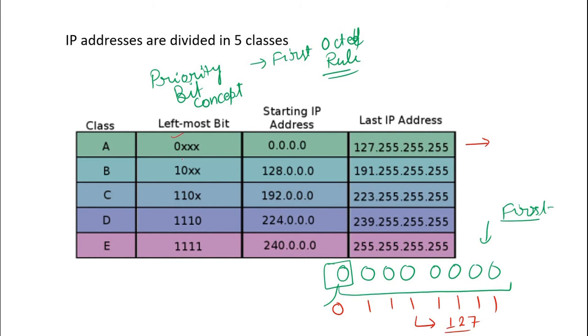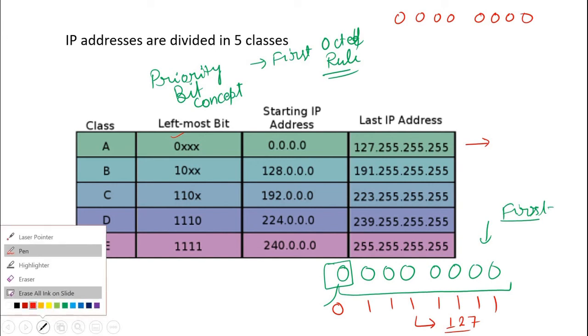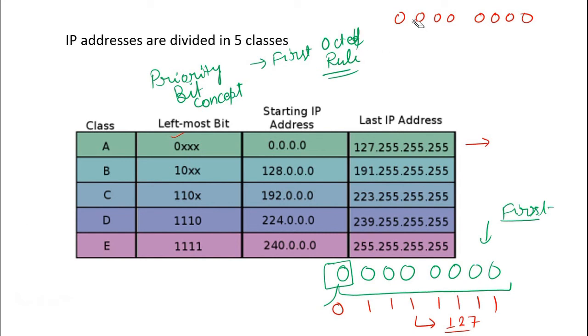Similarly, what is happening for class B? The first 2 bits are fixed. Suppose these are the bits. In the case of class B, the first 2 bits are fixed as 1 and 0. Let me change the color as well.